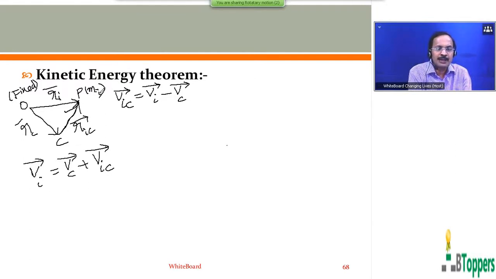So if m subscript I represents the mass of the ith particle, then consider the kinetic energy of the system.